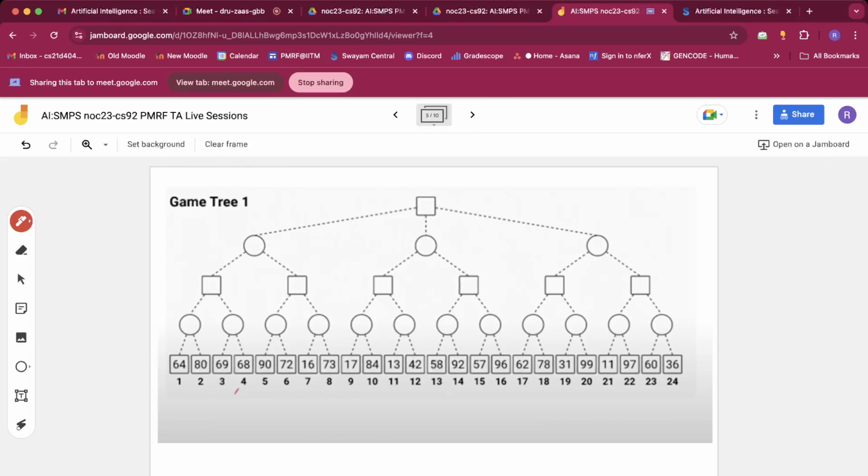First we have to initialize the alpha and beta values. So let's initialize alpha as minus infinity and beta as plus infinity.